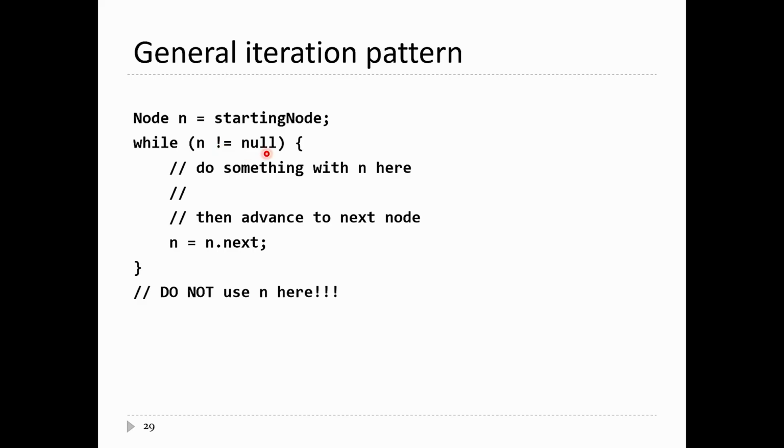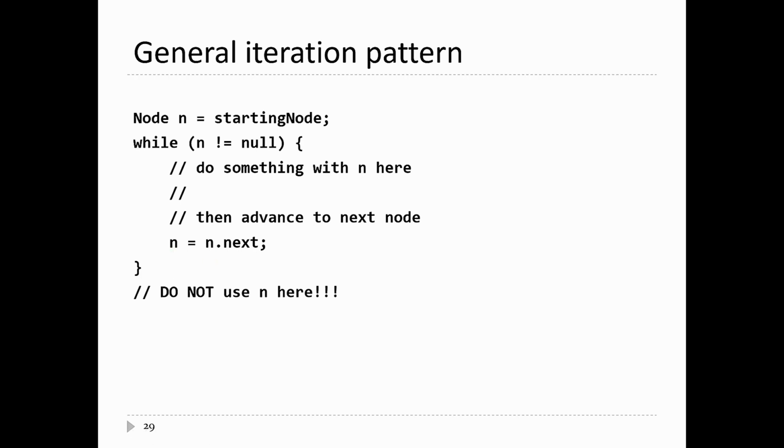While n is not null, you do something with the node here, maybe look at its element. And then advance to the next node so that you can process the next node in the sequence. How do you go to the next node? You just do n equals n dot next. N dot next is the next node in the sequence.